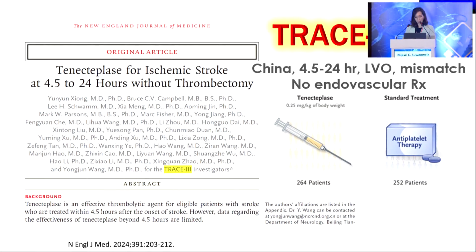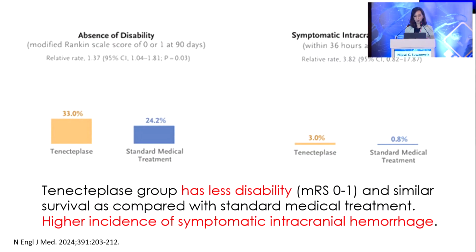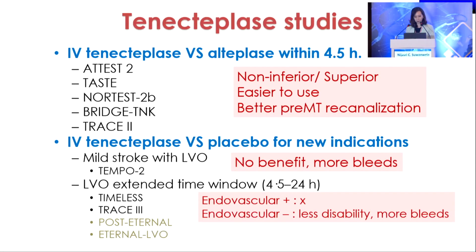So tenecteplase was compared to aspirin or antiplatelets, and it was found that actually the absence of disability is much more in the tenecteplase group, although there are some more bleedings, like 3% versus 0.8% in the tenecteplase group. So this is the way that we need to think forward, that maybe tenecteplase can be used in selected patients after 4.5 hours with some benefit.